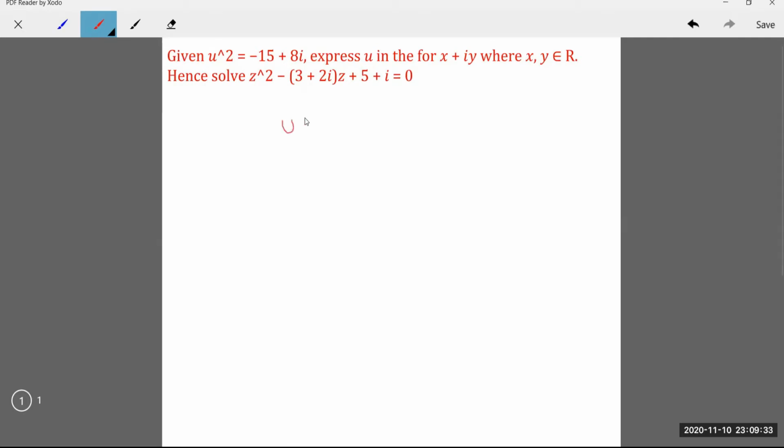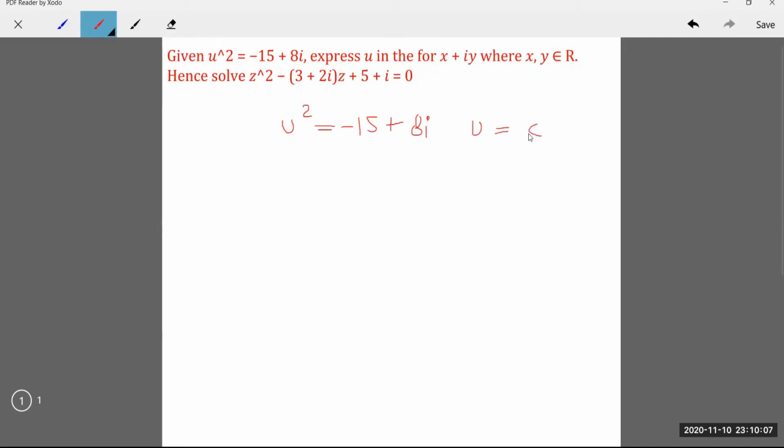All right, so they give us that u squared is negative 15 plus 8i, and they told us that u is also x plus yi. Express u in the form x plus yi. So they're literally telling us u is equal to x plus yi.